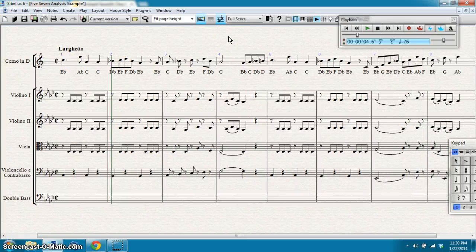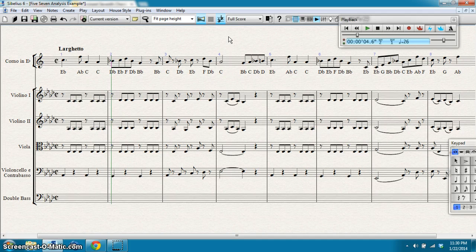It just sounds something like this: E flat, A flat, C, C, D flat, E flat, F, D flat, B flat. So there you go, there are the horn notes.